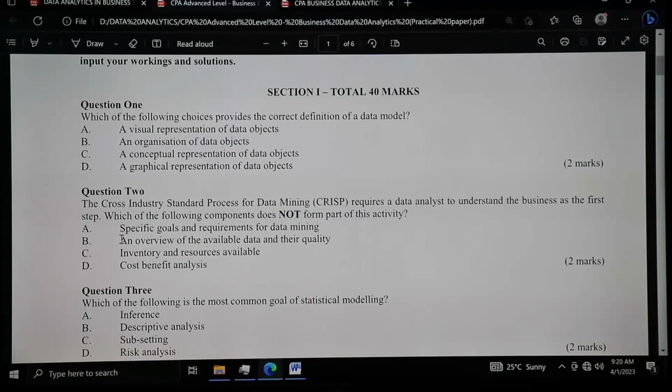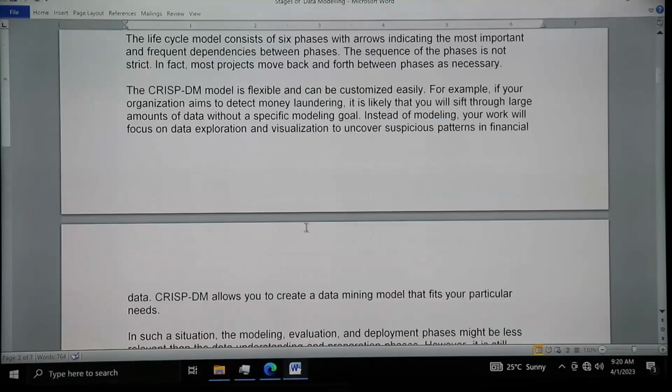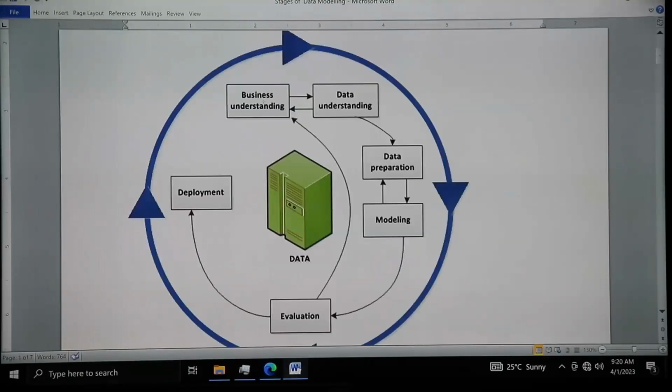If you check this one very well, you'll find that probably this one will be used in understanding the data. That is the data that you have, which is actually the next activity. In this process, we have business understanding, which is closely connected to data understanding. That means the process of understanding the business also involves understanding the data.